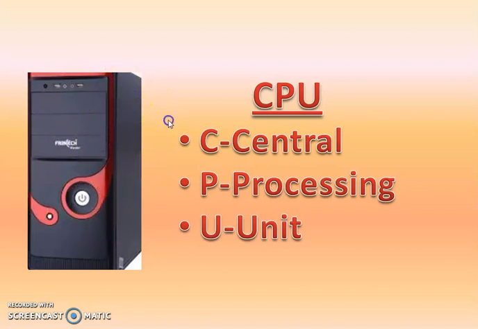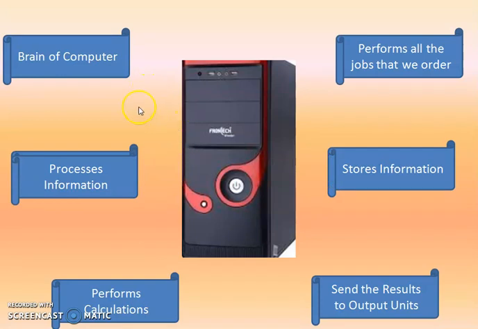Okay, so here are the main features. The first is that the CPU is also known as the brain of the computer. Why is it called the brain of the computer?